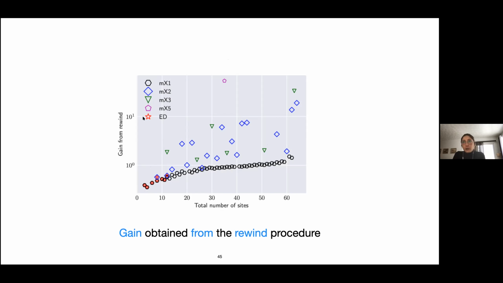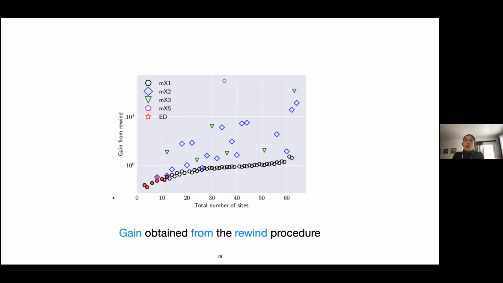The red stars are the results that we got from exact diagonalization. Recall that we're finding all these values with a tensor network method, which finds an approximate solution. I just wanted to ensure that we have high confidence in the solution that we find. We are actually in perfect agreement for small lattice sizes, so we're pretty confident in the result given by the tensor network method.